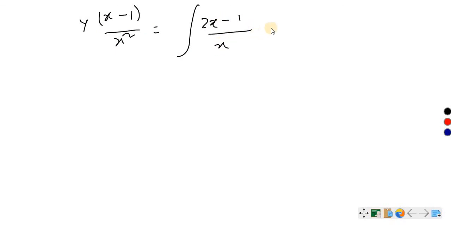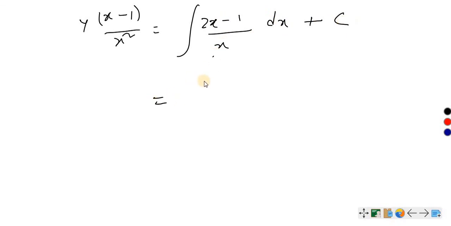So this can be further written as y(x − 1)/x² = integration of (2x − 1)/x dx plus c.